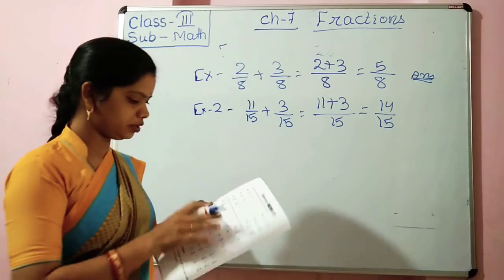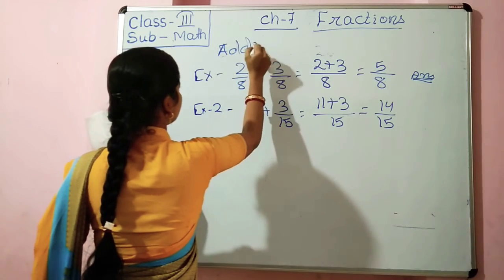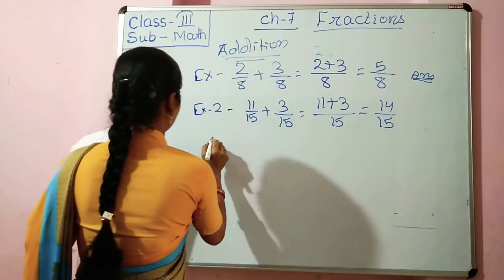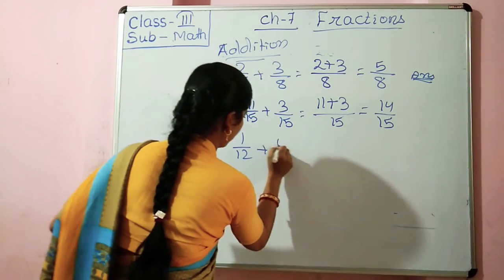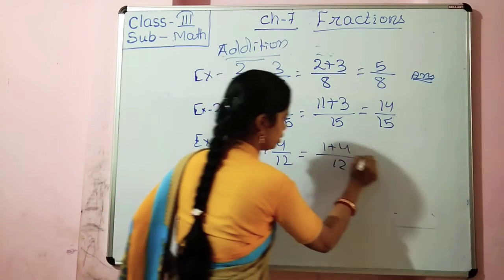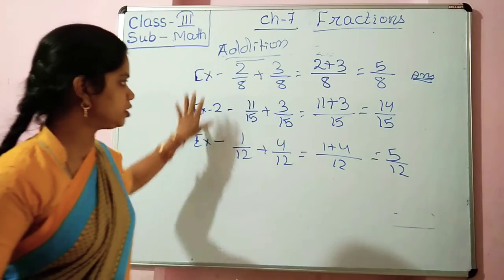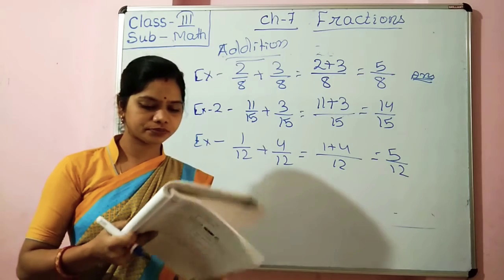Okay, it is your addition of fractions. Next example, look, 1 by 12 plus 4 by 12. Here 1 plus 4 is equal to 5 by 12 is the answer. In this way we complete the addition.